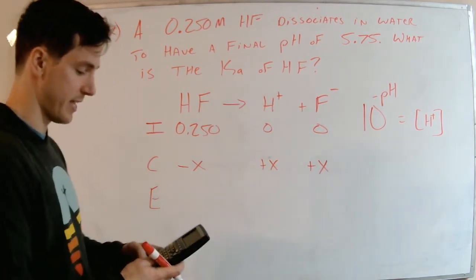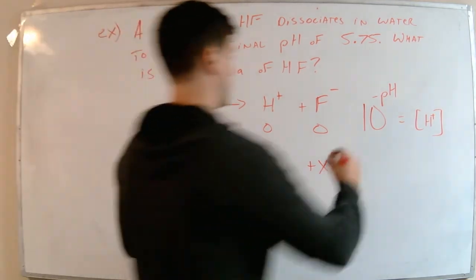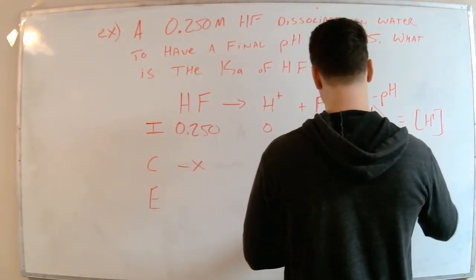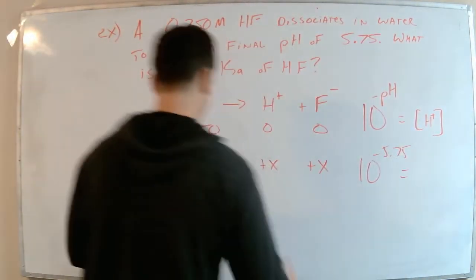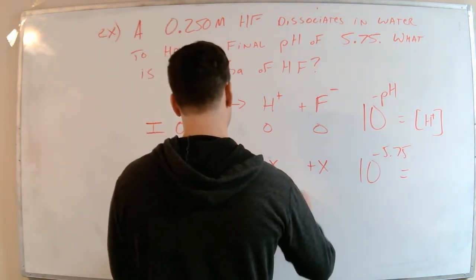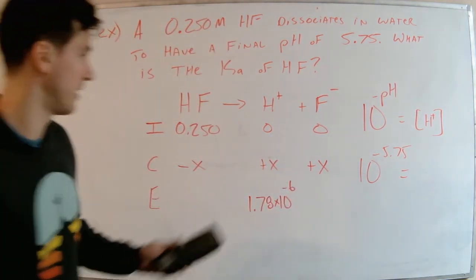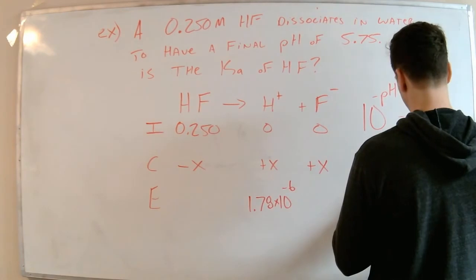Let's take 10 to the negative pH, which was 5.75. So 10 to the negative 5.75 gives me an H plus of 1.78 times 10 to the negative 6th. I'm going to put that over here too, just so I don't confuse anybody.